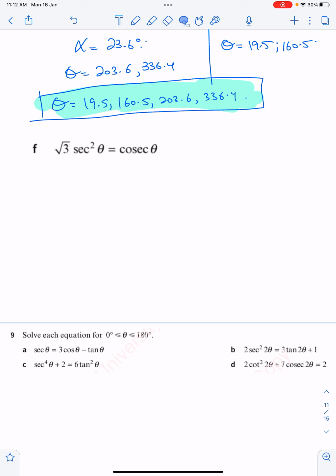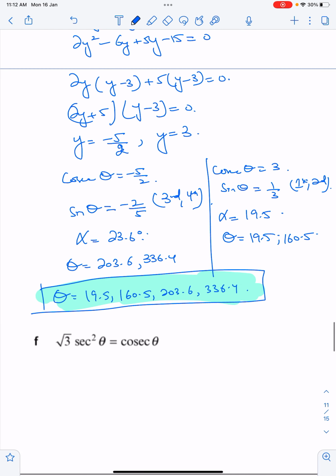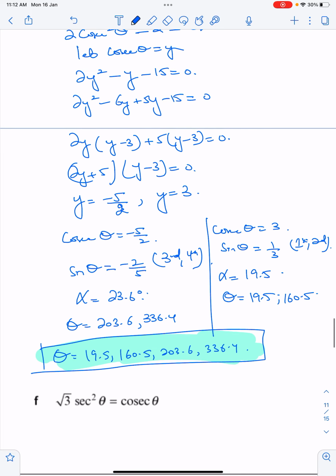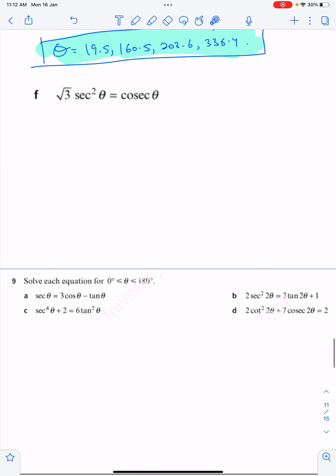I know that there is an identity which has sec and cosec. Sec and cosec we don't have in one identity, but what we can actually look into is that this can be changed into cos and this can be changed into sine. So let's do it.